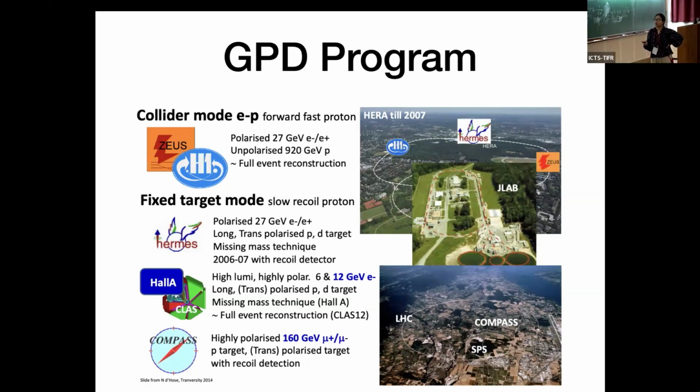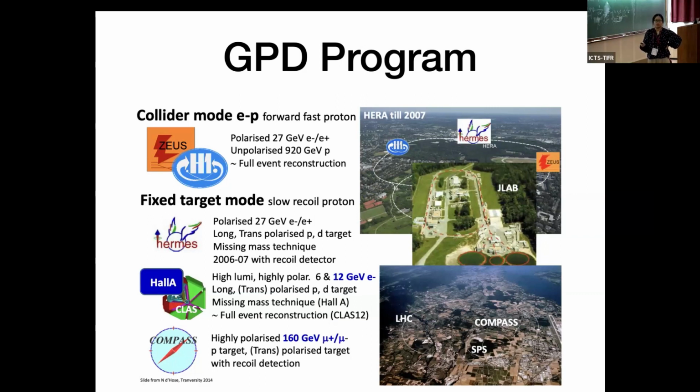For the fixed target, we have the HERMES experiment. Sharing this electron beam from HERA, it can have beam charge and beam spin asymmetries, and the target is also polarized. It also went through some upgrades over the years to add the recoil detector. We'll talk about the importance of the recoil detector later.